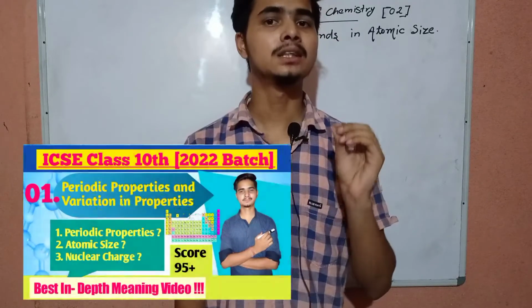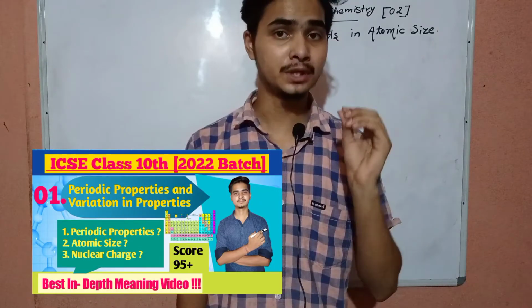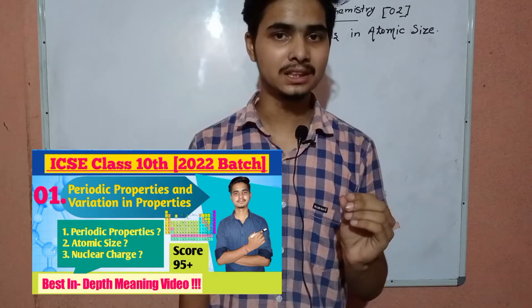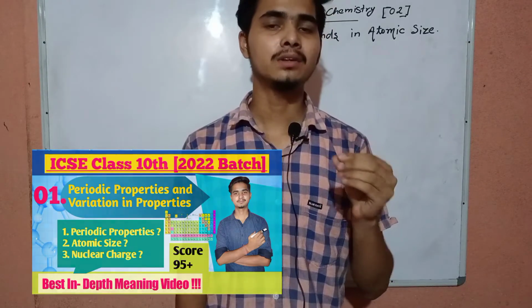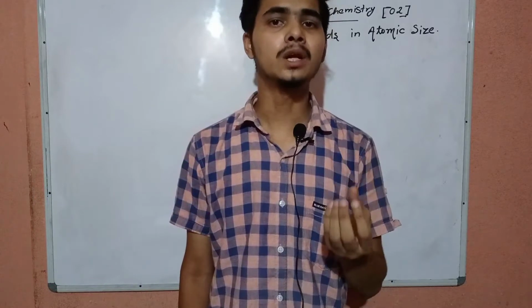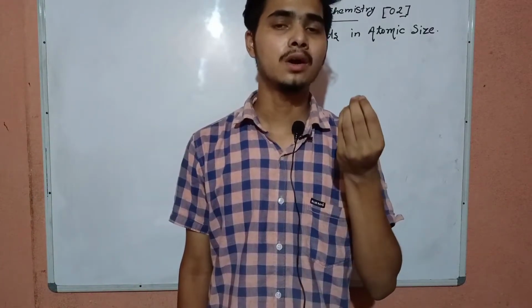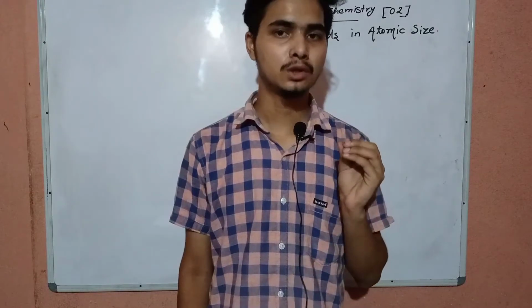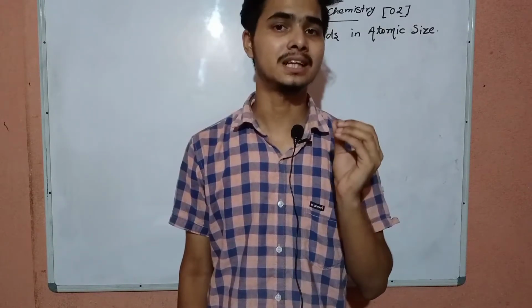In the last class we discussed what periodic properties are, what atomic size is, and what nuclear charge is, and we have taken a good amount of knowledge about all these terms. I have explained with in-depth knowledge which is required to understand those.